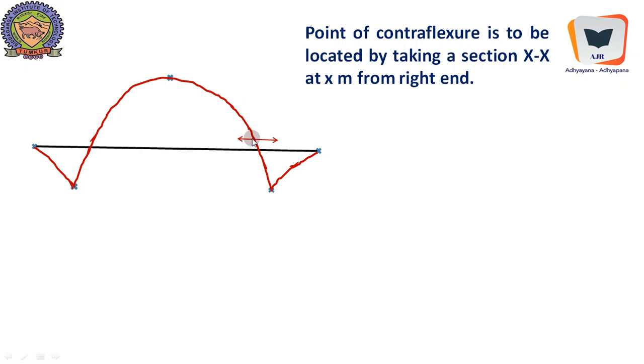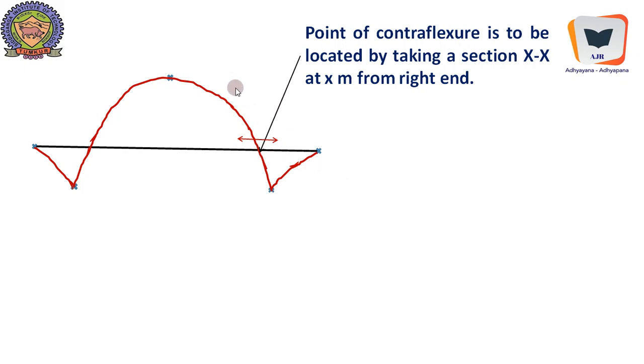In this zone the beam will be hogging, and in this zone the beam will be sagging. Therefore there is a contraflexure. See, bending moment value moves from negative to positive, or moves from positive to negative. Anyway, over this particular point, over the span, it becomes 0.